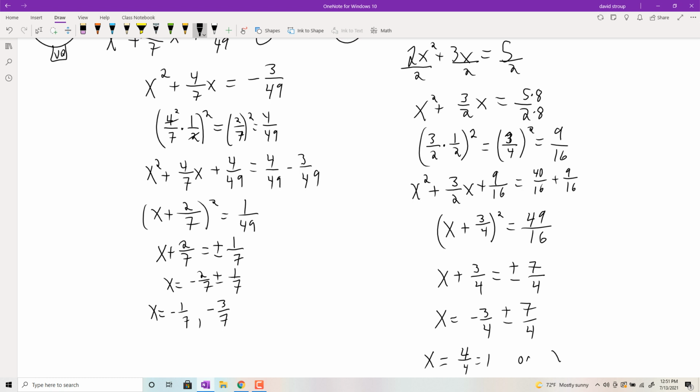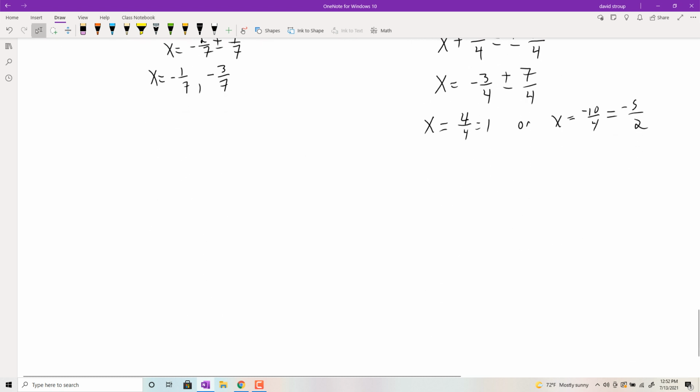Or -3 minus 7 is -10/4, so -5/2. Okay. So I got one more, and then we'll look at an interest problem and applications. So 57, again, imaginary numbers are fair game here.